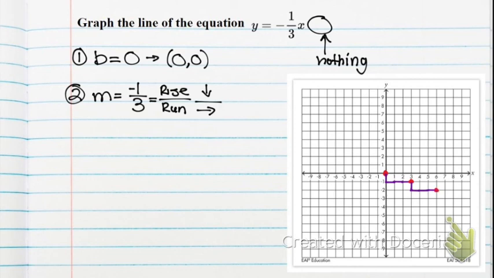Remember, we're going to do it until we actually run out of graph. So I'm going to go down 1 block, over 3 blocks, and put our dot. Now what you should see from here is that we ran out of graph. So since we ran out of graph, we're going to connect all our points. Once we connect all our points, we will have a graph of the line y equals negative 1/3 x.